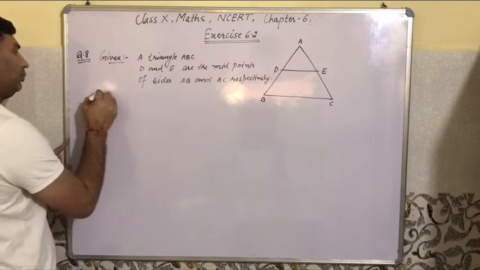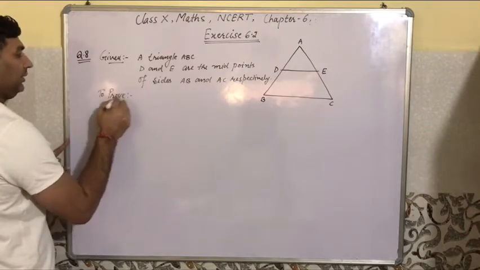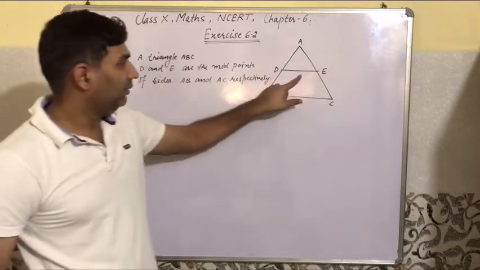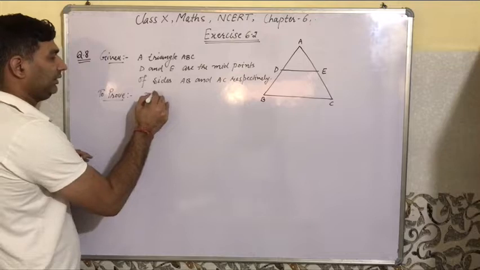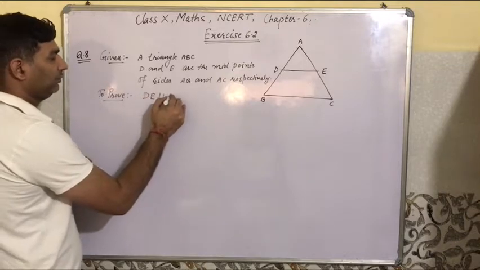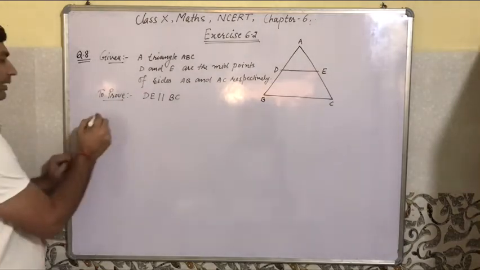Then to prove, what do we have to do? That means this side is parallel to this. Then DE is parallel to BC. Okay, and proof.